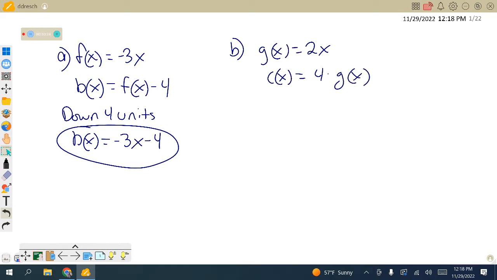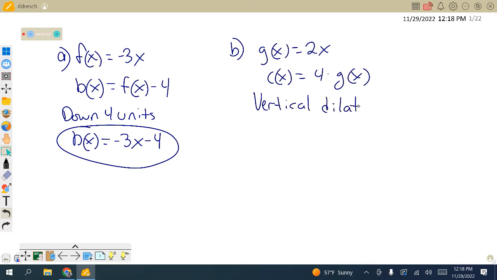Okay, this time I have another 4 up there, right? But the 4 is not in the same location, is it? At the end of that, that's either moving it up or down. But out front, we're getting multiplied by it. So as we're going to see here in just a few minutes in our notes today, let me just write it out and we'll talk about it in our notes.